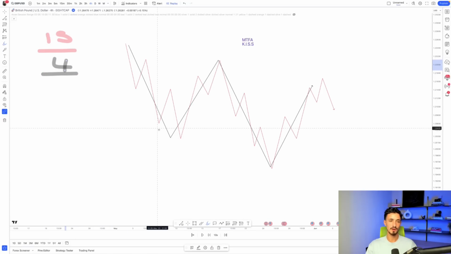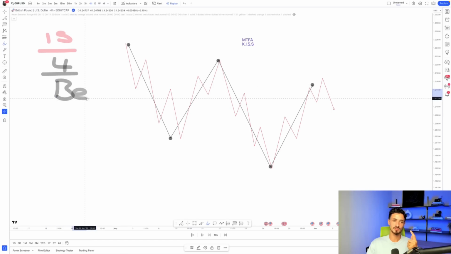So black is 4-hour, M15 is red. Step 1, directional bias. Mark out our swing points. We have a high to the low in black. Price pulls back, it's the highest swing point. Price continues, it's the lowest swing point. Price pulls back, it's the highest swing point. So we're bearish. Our 4-hour directional bias is bearish.